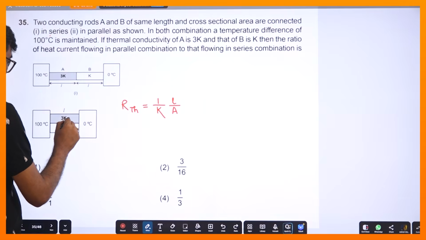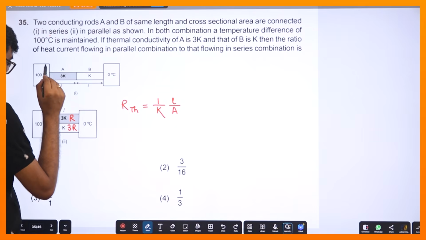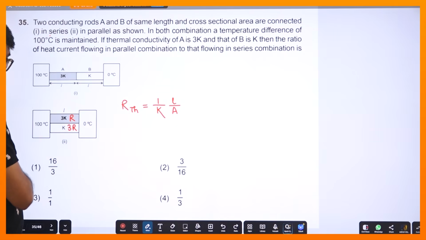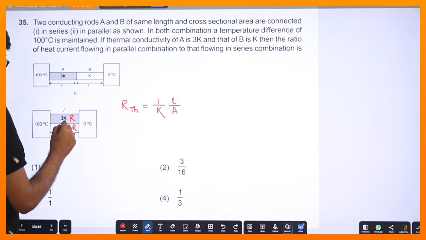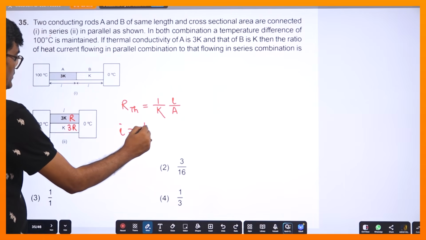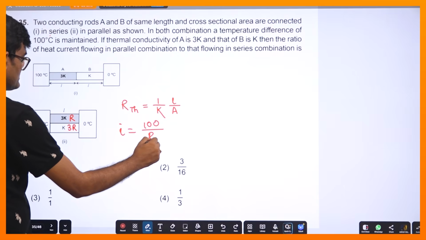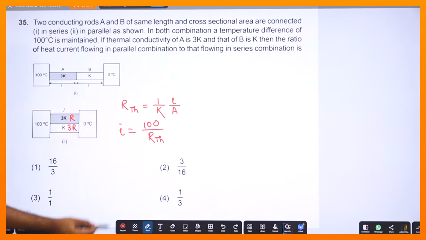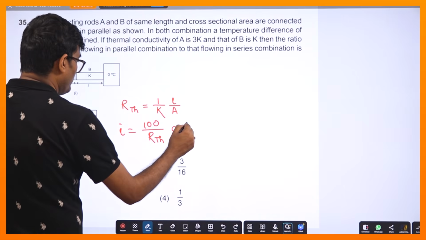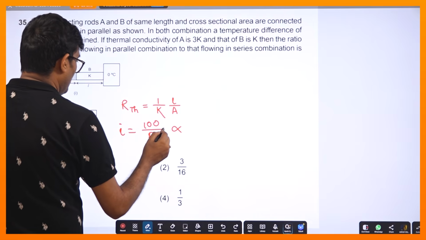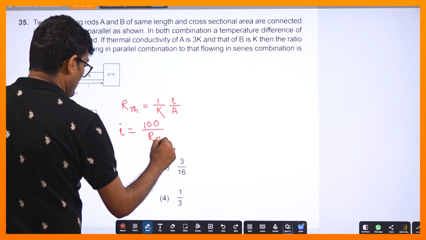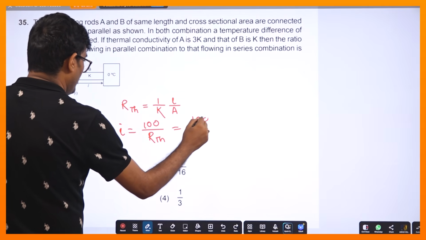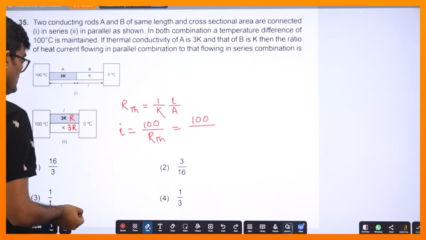So if this resistance is R, then the other resistance must be 3R, right? Current is equal to temperature difference divided by resistance, right? Temperature difference is also same. So current in both cases is 100 divided by thermal resistance.